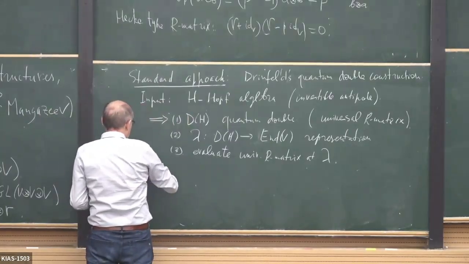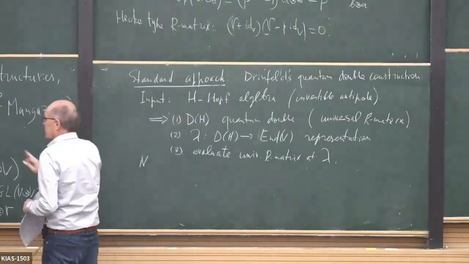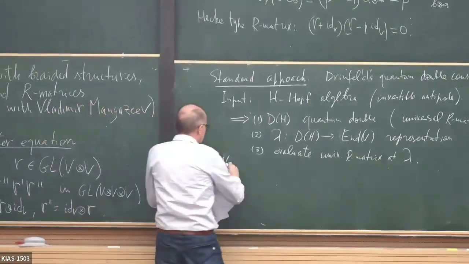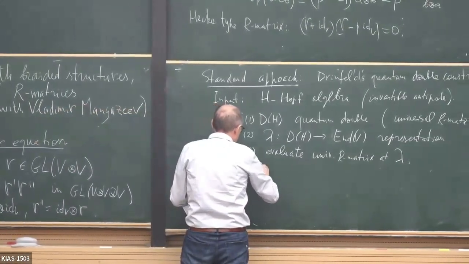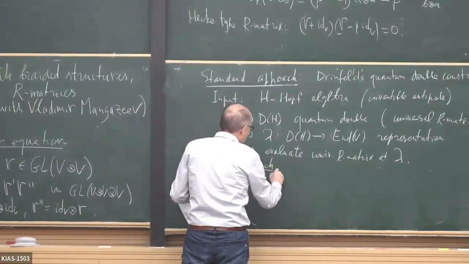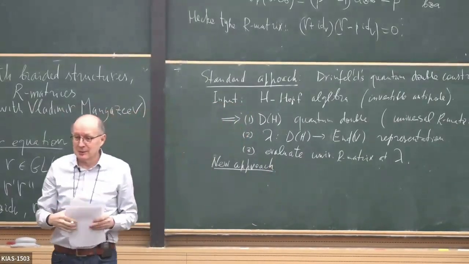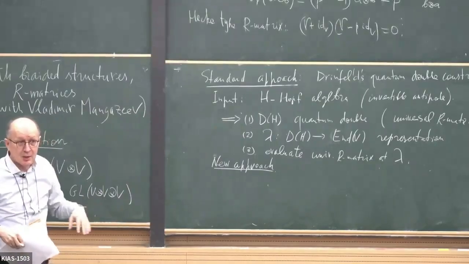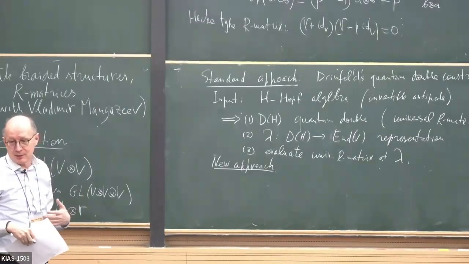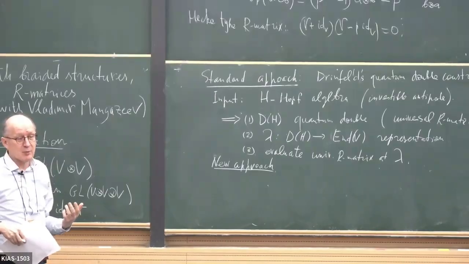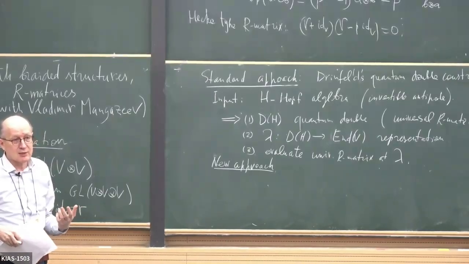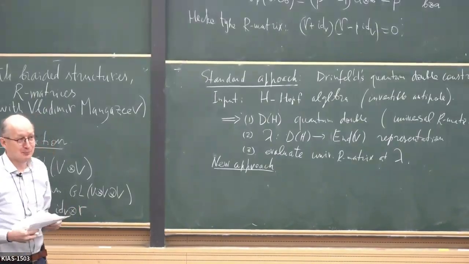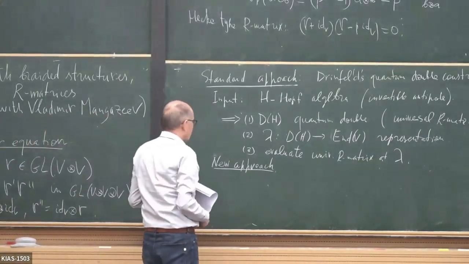Part of the motivation for my talk today is a new approach. The approach is new, but it still produces R-matrices which you can produce through the standard approach. The construction is different, so this is why it might be interesting, and in known cases it is, at least in my mind, simpler.